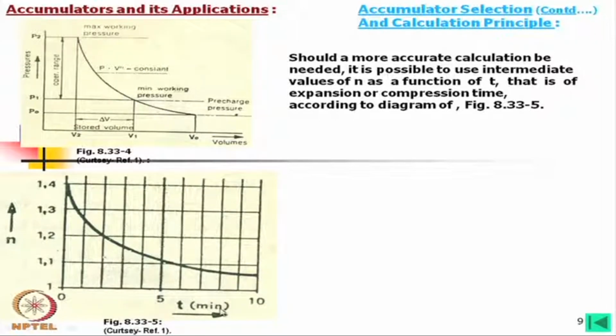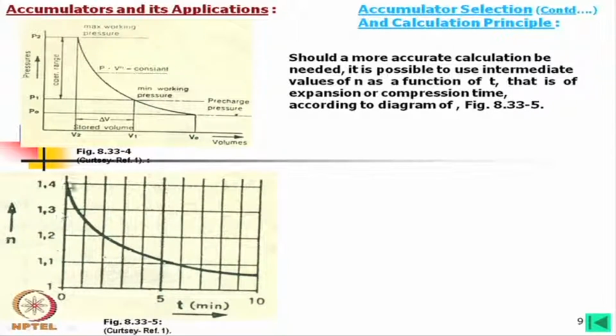Say for example, if the time taken is more than 10 minutes, this is with respect to nitrogen and hydraulic oil, then we can call it isothermal and take this value as 1, and if the time is 0 to 10 minutes, then depending on the time required for that process, we can select that n.